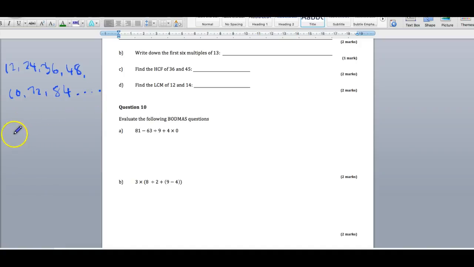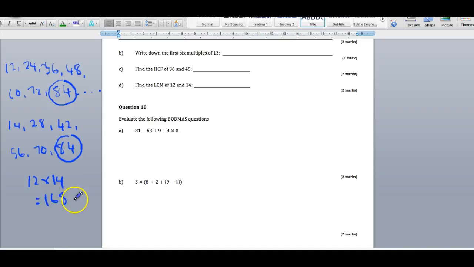I'm going to stop at 84 because that is the answer. 14, 28, testing my ability to do this, 56, is that 70? 84. So 84 is your lowest common multiple, and for those people who actually did it this way, got the correct answer. But some of you did 12 times 14, which gives you 168.